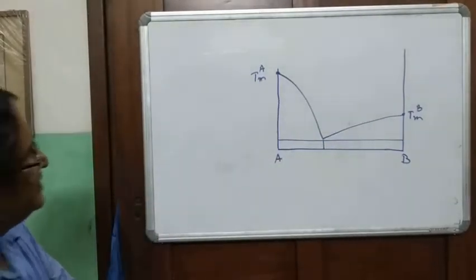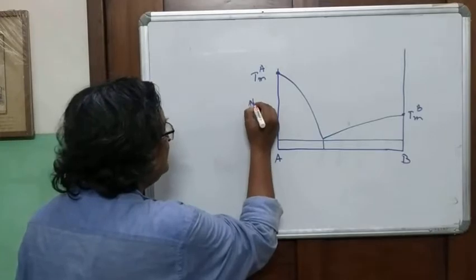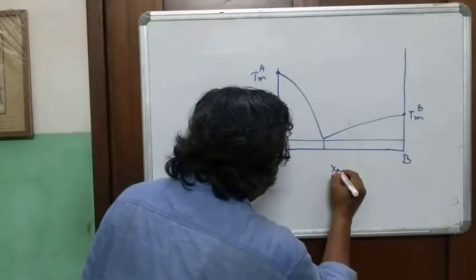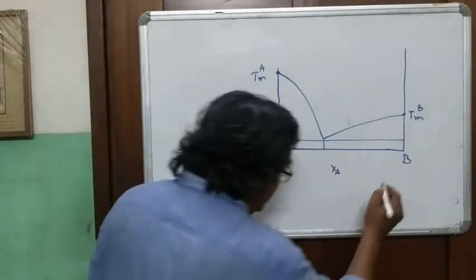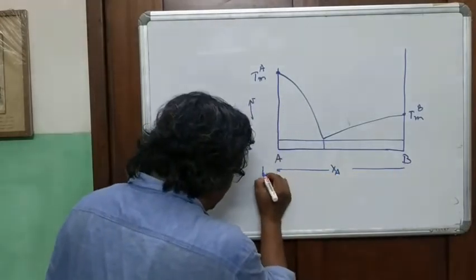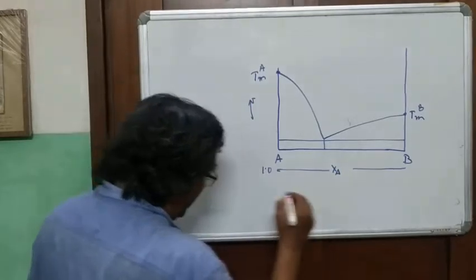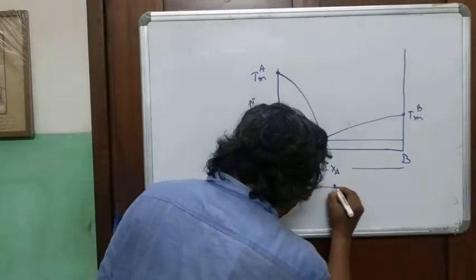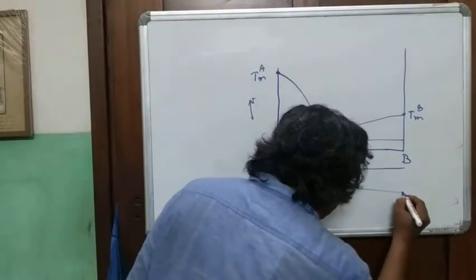So that's the diagram. This is the temperature axis. XA, or weight percent A, increases from this side to this side. It's 1.0, and so XB in that case is 1.0.